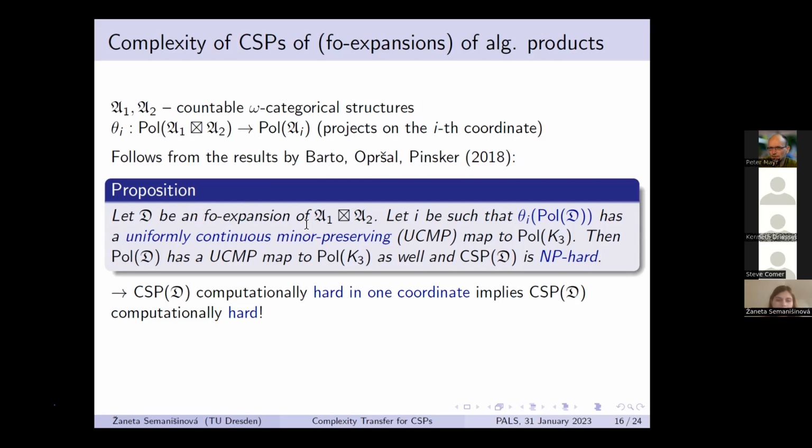If we take a first order expansion of such a product, and at least one of the two coordinates has a projection of the clone that satisfies some condition, which, if you are not familiar with the notions, you can think of as a hardness condition: if the projection of this clone has a uniformly continuous minion homomorphism to the polymorphism set of K3, the complete graph on 3 vertices.